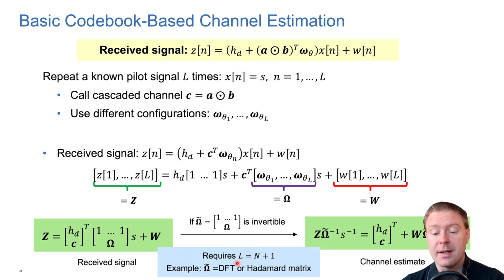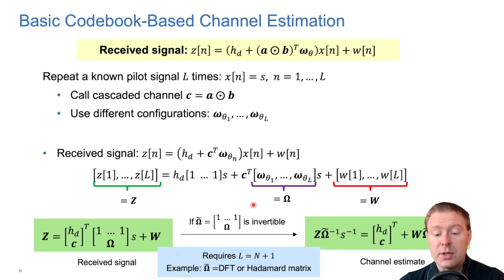So in this case, I need L to be equal to N plus 1, because the number of rows that I'm having here is N. So we have N plus 1 different entries in this vector.